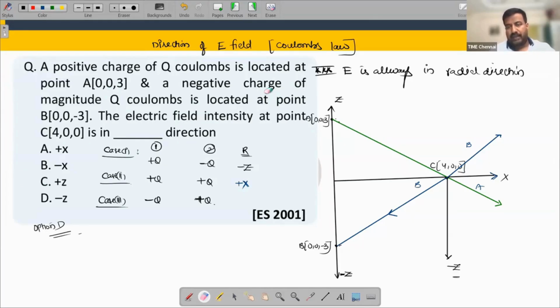If I reverse the polarity, the direction will also reverse. Simple. Minus q, plus q, direction also reverses.